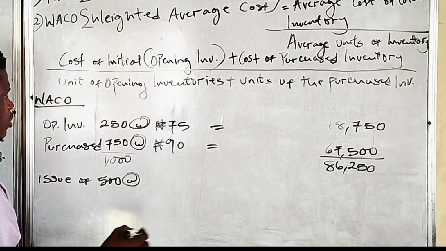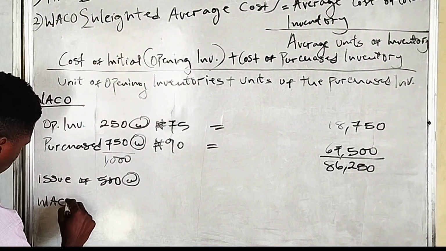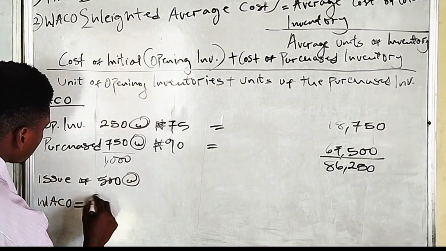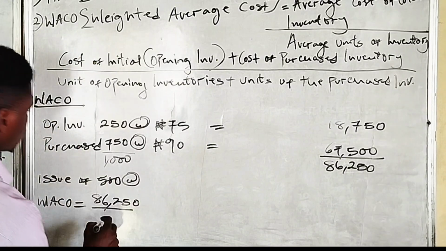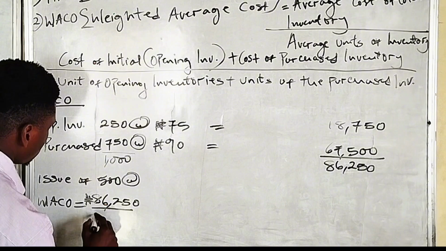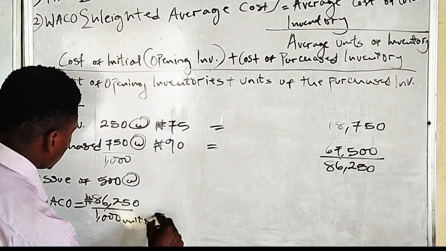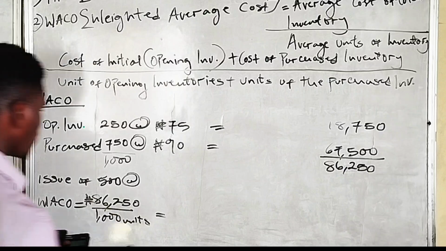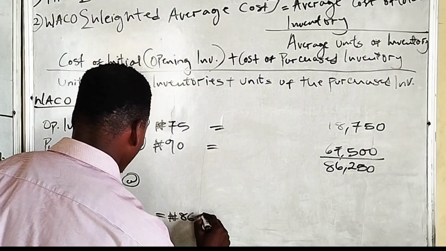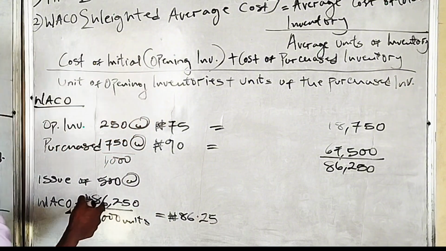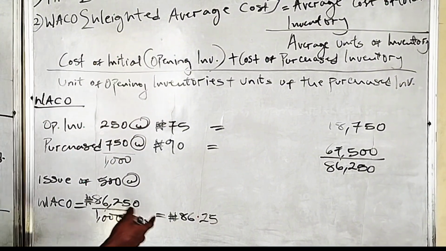So in other words, our weighted average cost will be 86,250 naira divided by 1,000 units, which will give us 86.25 naira.